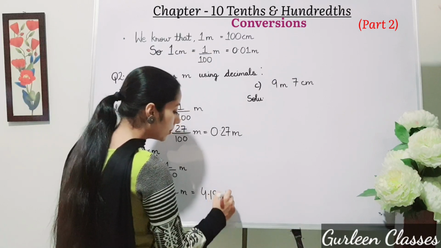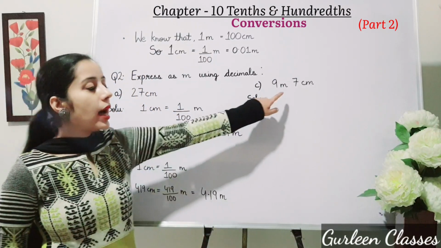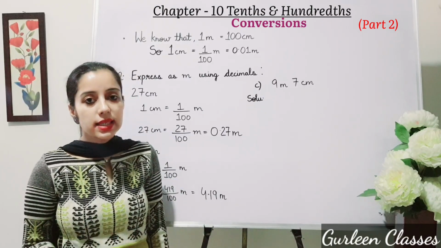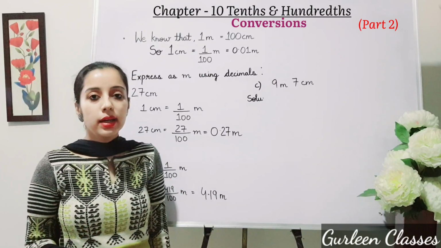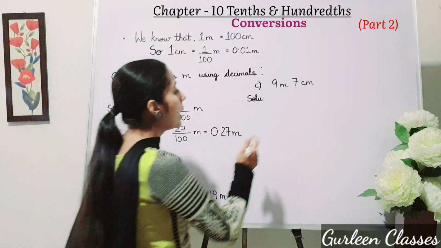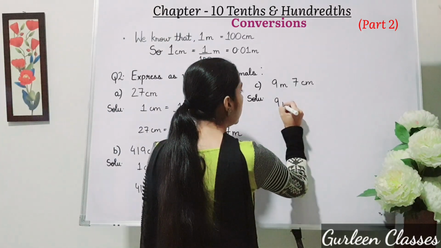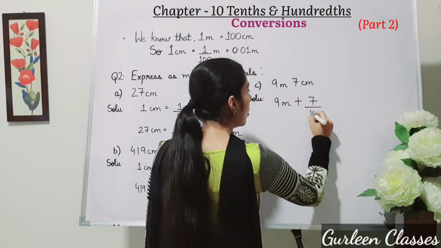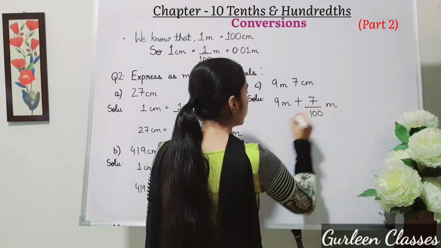So 4.19 meter. C, 9 meter 7 centimeter. Meter will remain as it is. We'll convert centimeter into meter. So 9 meter plus 7 upon 100 meter.